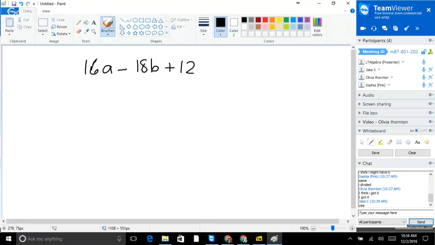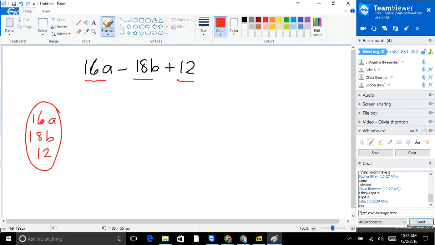What you want to do is say, what do 16a, 18b, and 12 have in common? So we kind of skipped over this section formally, but I think you guys can figure it out. Does anyone know what they have in common? They don't have an a or a b in common, right?